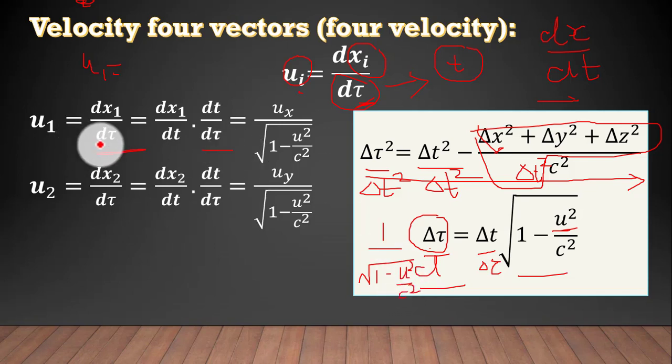So what I have done here: dx1 by dt is known as the component of the velocity vector ux, and for dt by d tau I have substituted its value, which is 1 upon the square root of 1 minus u square over c square. So u1 will be ux upon the square root of 1 minus u square over c square, or I can write it as gamma ux.